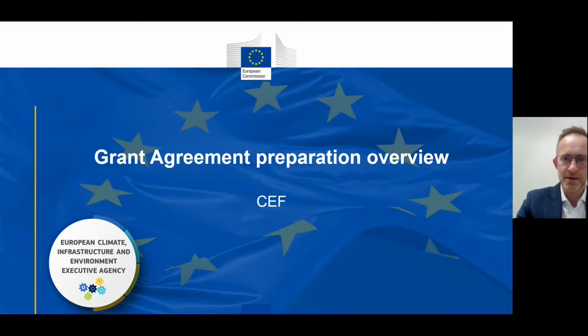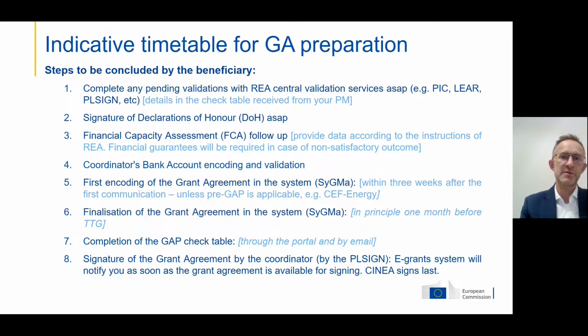So as I said, this is an overview. And first of all, there are a couple of administrative elements that you need to take into account when preparing this grant agreement. And you need to work on these elements as soon as possible, because from our previous experience, it can take a bit of time, sometimes even a couple of weeks, because it's not only our agency that is dealing with these issues.